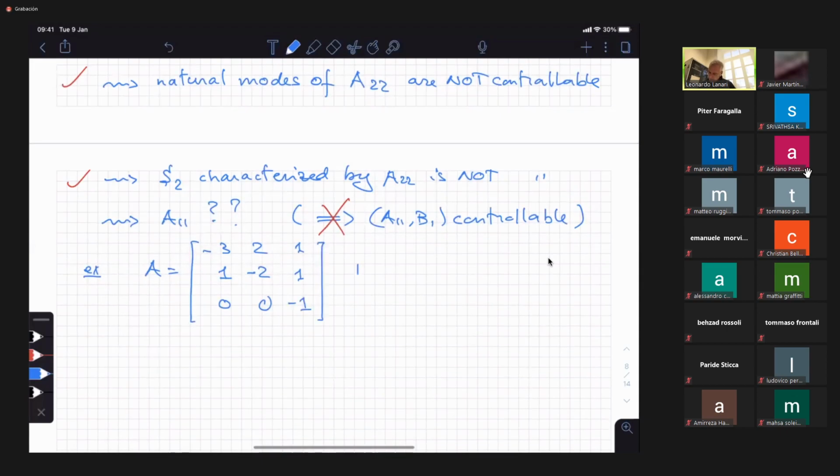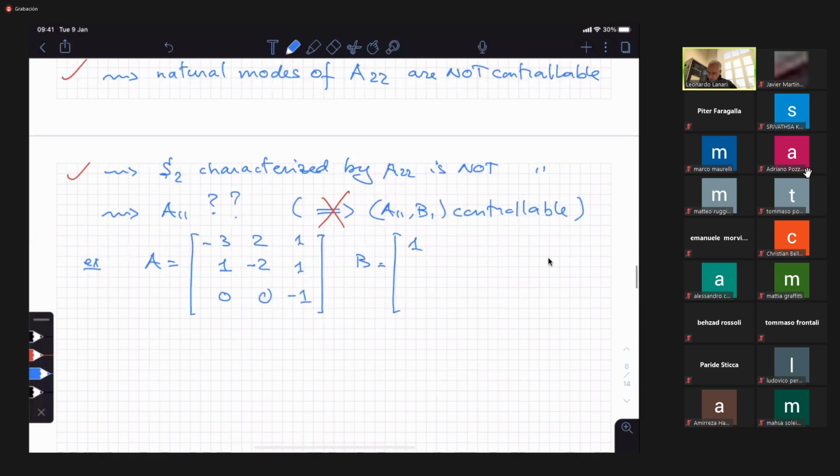And B: 1, 1, 0. Okay, so we look at this matrix, we recognize this block triangular structure for A, and we see that we have the correspondence in B. So when we think about the Kalman decomposition, this looks really like the result of a Kalman decomposition. So what I'm saying now is that this is for sure uncontrollable.